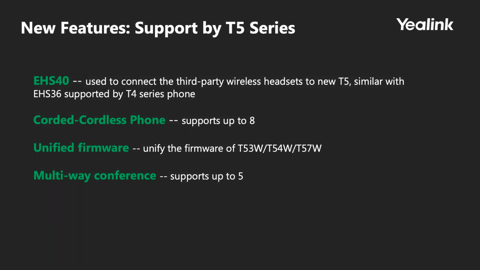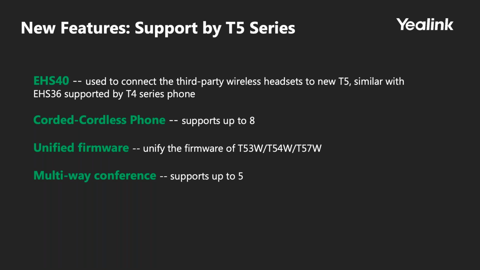So a couple more features I just want to touch on real quick that are unique to the T5. They don't necessarily directly compare to the T4, but the EHS40, it's a sidecar, electronic hook switch used for the incorporation of headsets. It's a new EHS adapter specifically made for the T5.